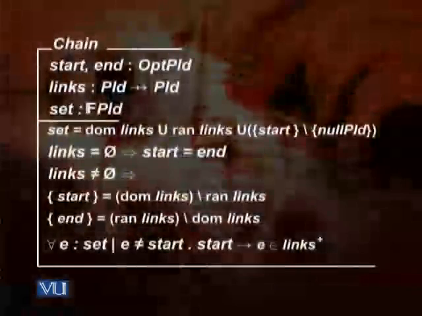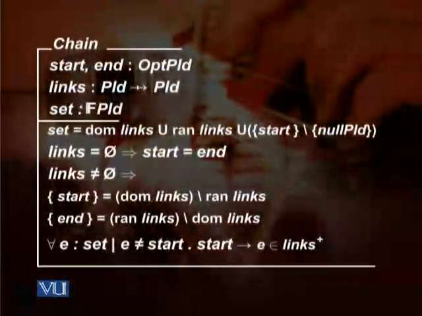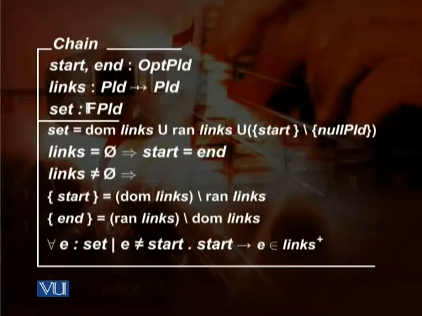So in the chain, the set is equal to domain of links union range of links union start minus null PID. This set is the set of all the links, all the PIDs that are present in this chain.